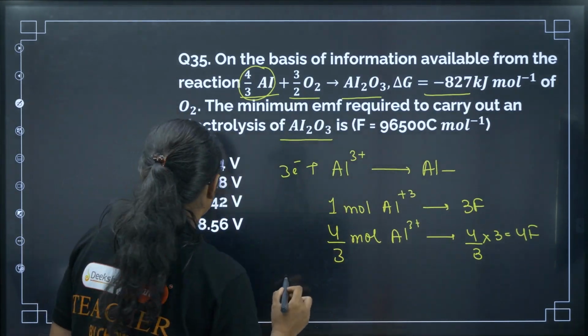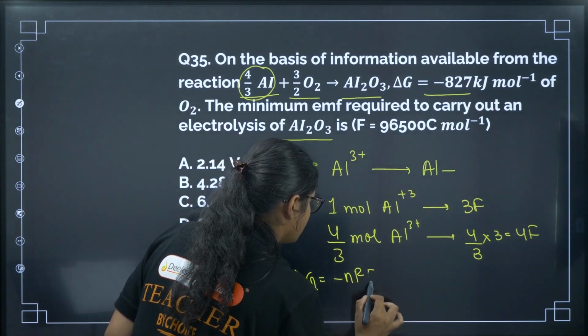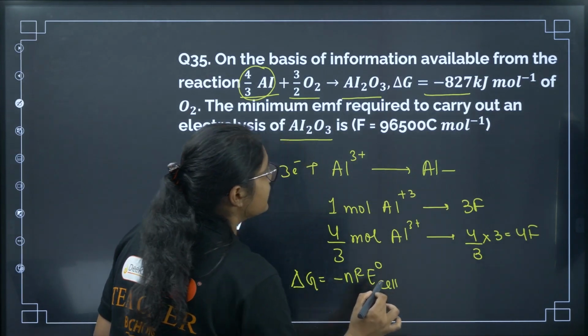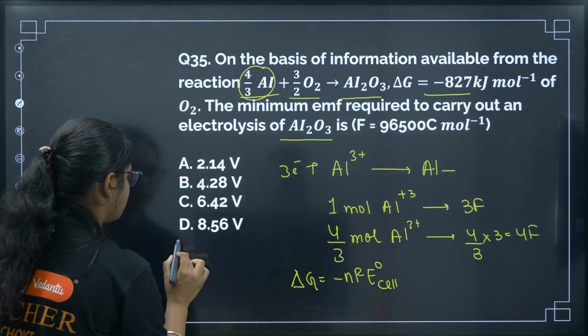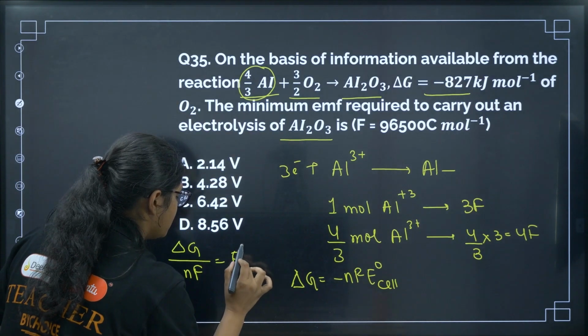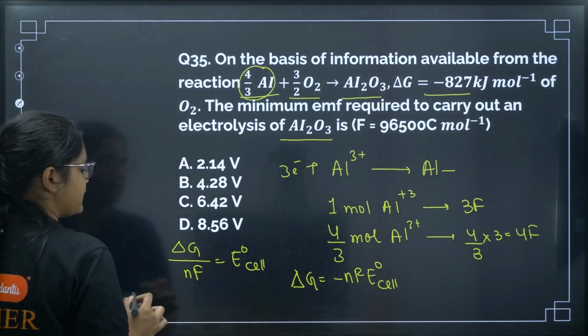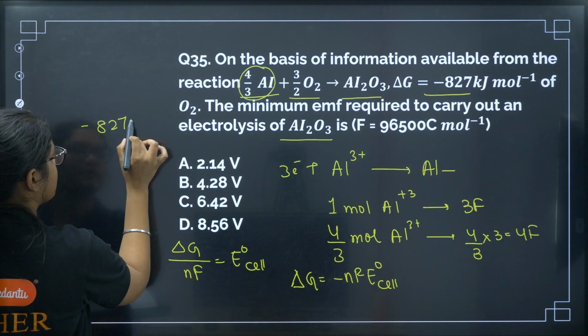Now you have to calculate the value of delta G equals minus nF E naught of the cell. The question is the minimum EMF required, so minimum EMF required will be delta G by nF, right? So we can substitute the value. What is the value of delta G given? Minus 827 kilojoule.